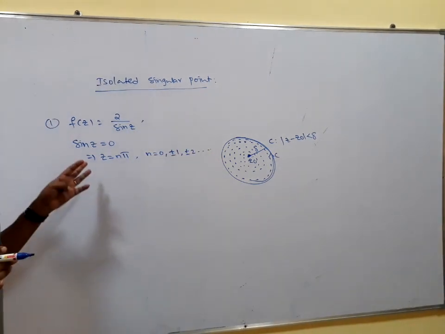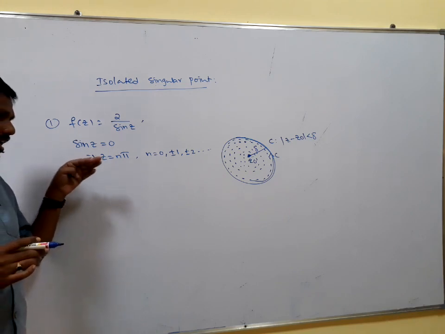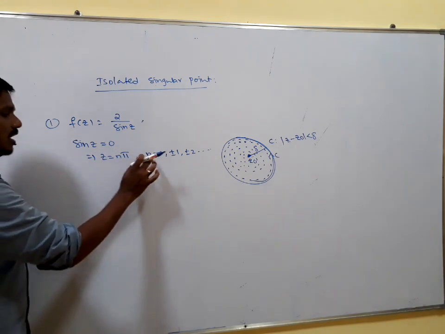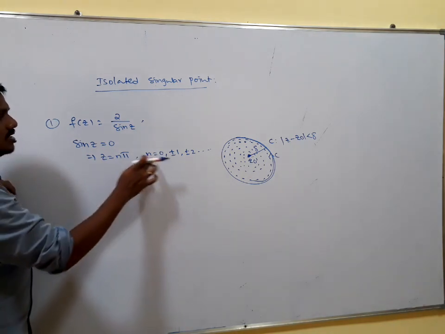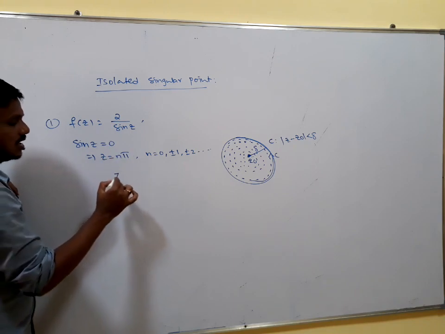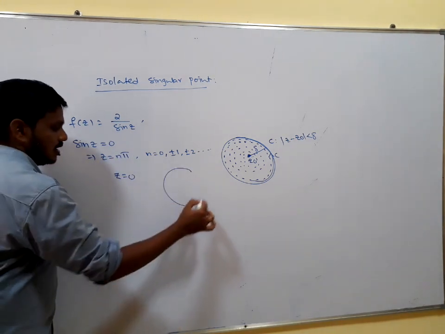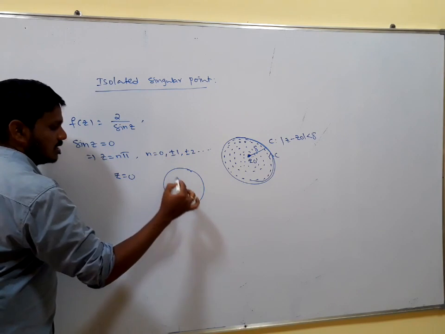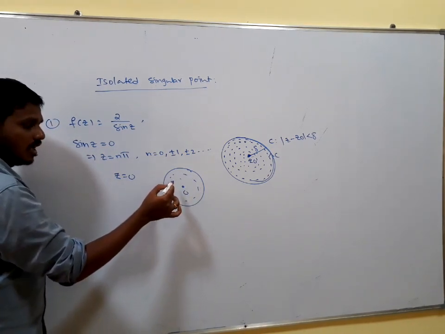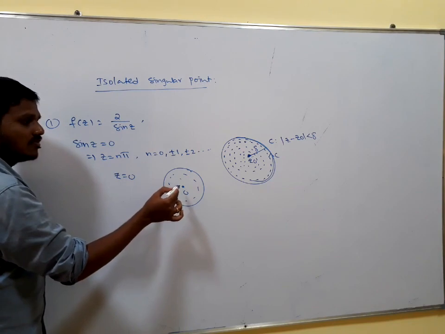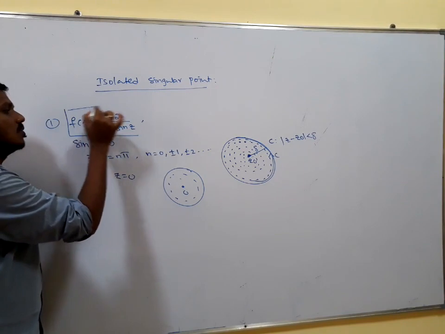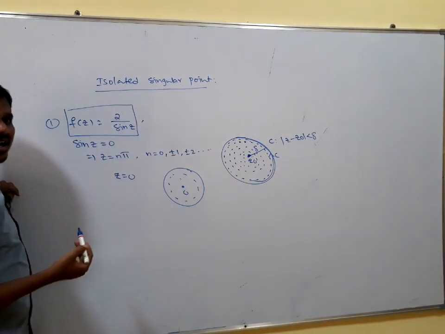These are the singular points. I want to check whether each singular point is an isolated singular point or not. First, if I take n = 0, we have z = 0. This is the neighborhood of 0. If you take any point in the neighborhood of 0 except 0, the function f(z) = 2 divided by sin z is analytic.